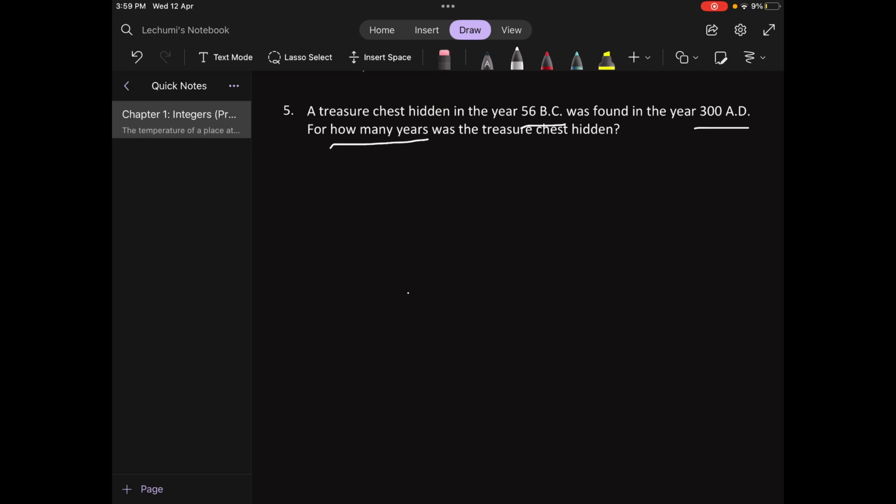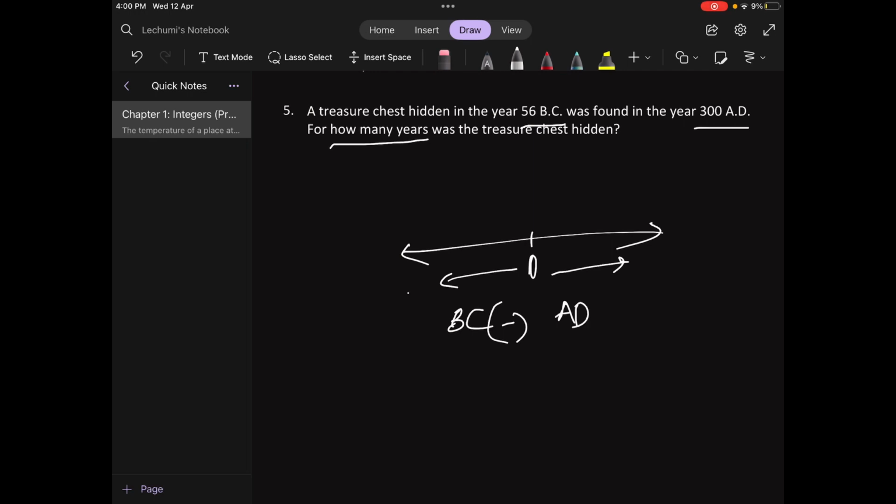So here 300 AD means 300 years after Jesus Christ was born. So if you look at it carefully, you can also see a number line pattern here, where the year Jesus Christ was born marks the 0th position in the number line, and anything that's before, which is BC, before Christ, is denoted by the negative symbol, and anything that is after 0 is AD, which is denoted by the positive numbers.